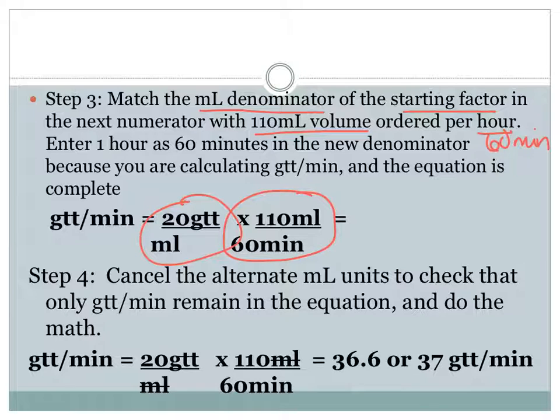You can cancel out the alternate milliliter units so that you only have the drop per minute calculation. And the result will give you 36.6. Again, we have to round to the nearest whole number, so our answer is 37 drops per minute.